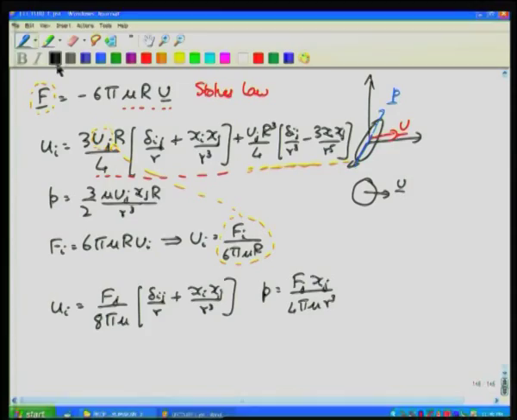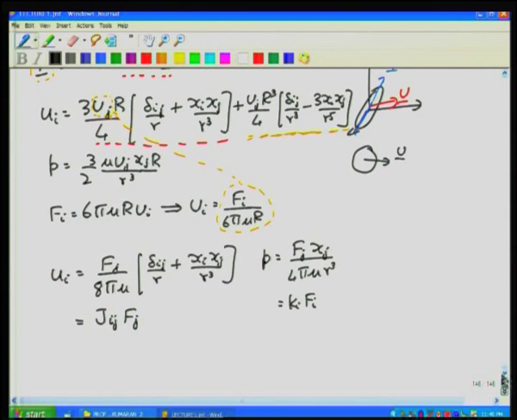These expressions for the velocity can also be written in the form u_i = G_ij F_j, and the pressure as P = K_i F_i, where G_ij and K_i are called the Oseen tensors.